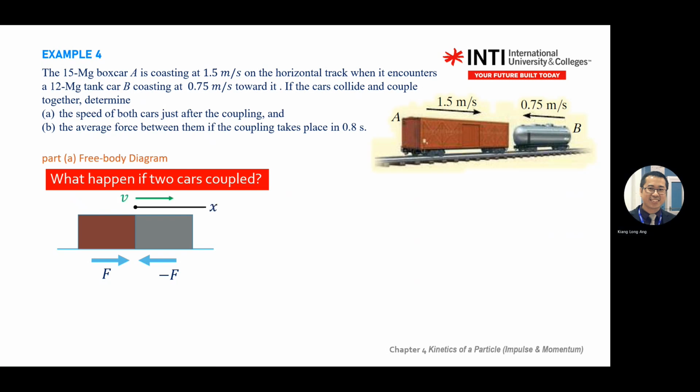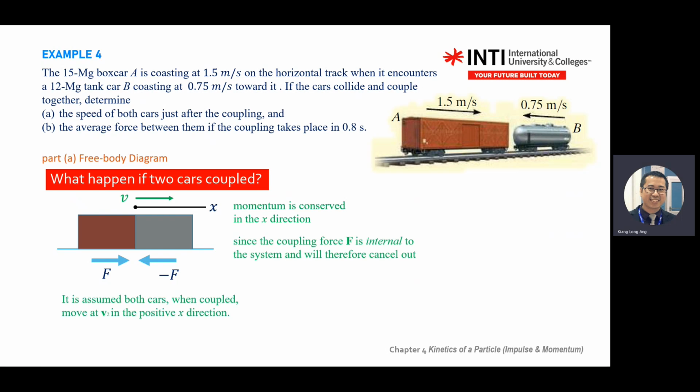So the x is positive to the right, velocity to the right. This is my assumption. The green color v is my assumption. You can assume to the left positive, no issue. But you will get a lot of negatives if it's wrong. If you get lots of negatives, it means the one you assumed in your system is wrong.